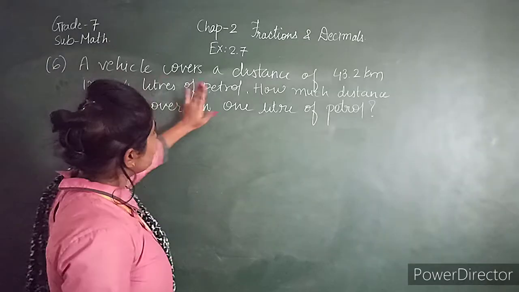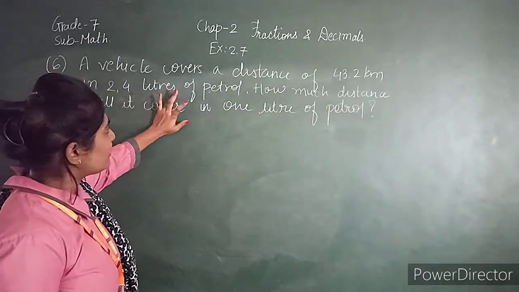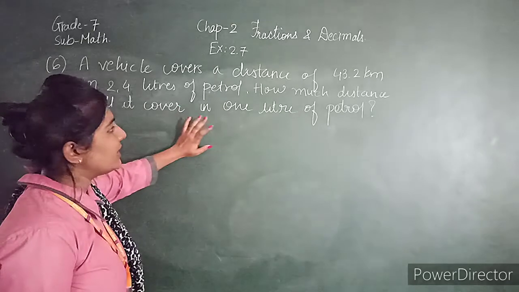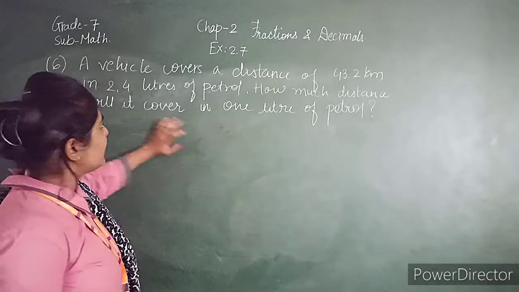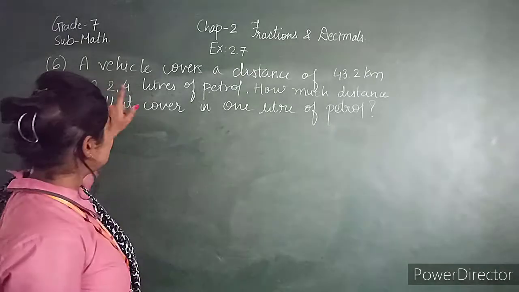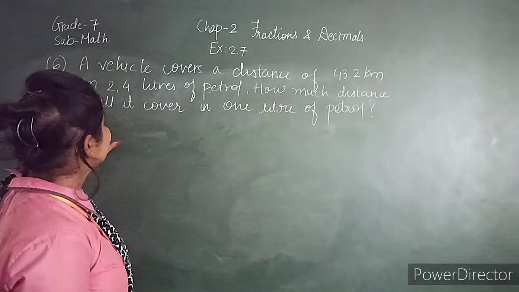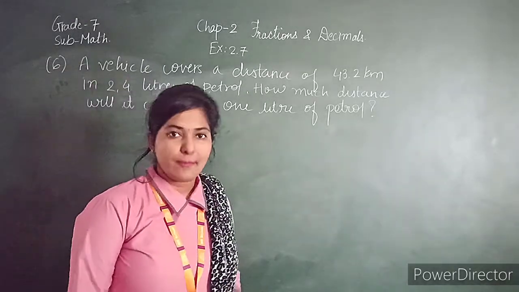Number 6. A vehicle covers a distance of 43.2 km in 2.4 liter of petrol. How much distance will it cover in 1 liter of petrol? So here a vehicle covers 43.2 km in 2.4 liter of petrol, and we have to find out how much distance it will cover in 1 liter of petrol.